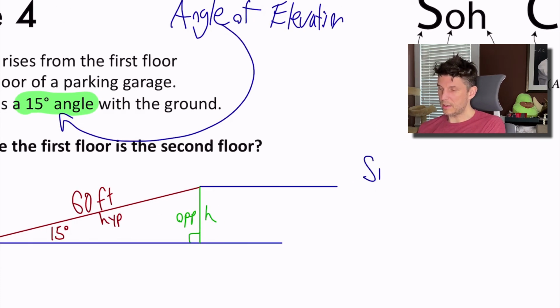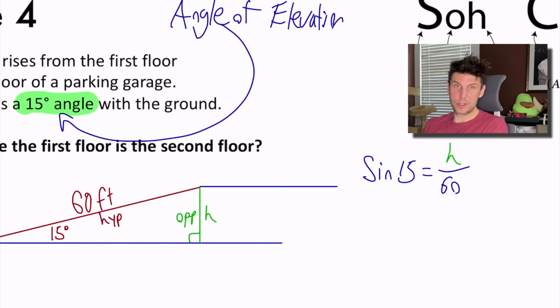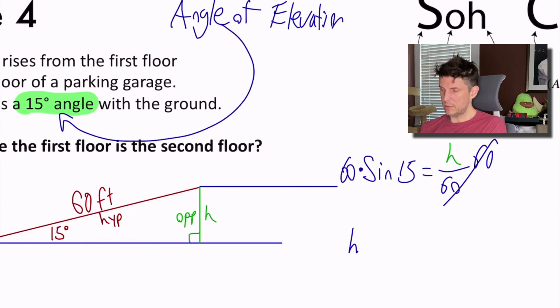So we know that the sine of 15 is equal to h over 60. And in this case, again, you could cross multiply or just multiply both sides by 60. So h equals 60 times sine 15 degrees.